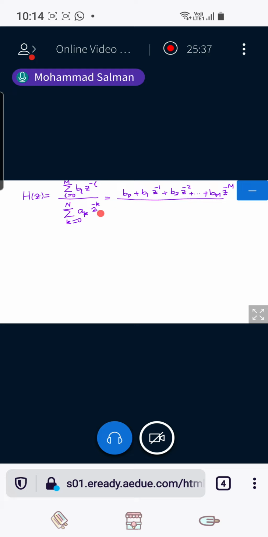And same thing in the denominator, I have a0 z to the power 0 plus a1 z to the power minus 1 plus a2 z to the power minus 2 up to an z to the power minus n. Okay?